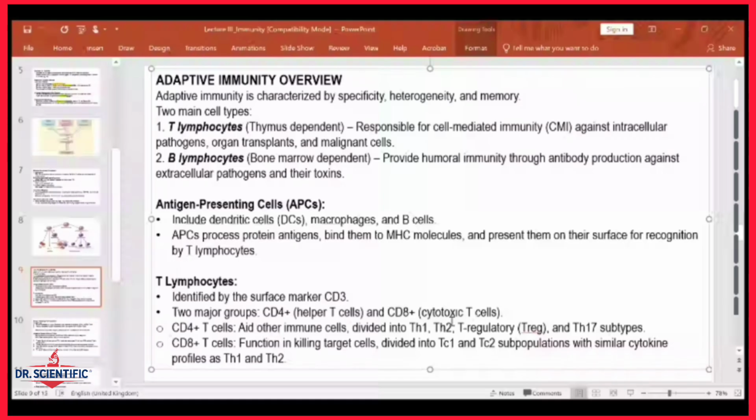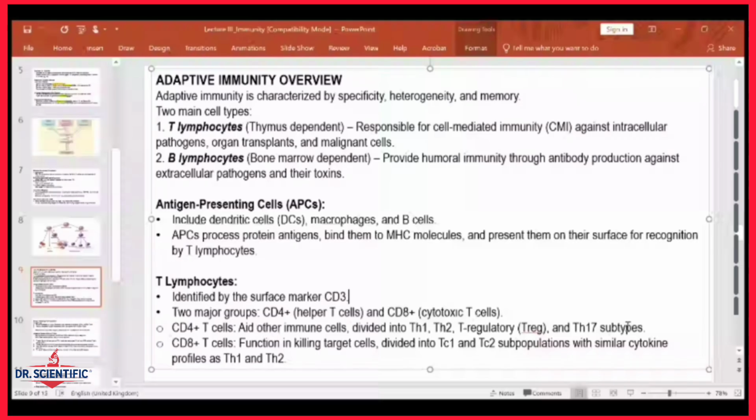Okay, so again, when you look at CD4s, we have other subgroups within CD4. So within CD4, we have those referred to as TH1, TH2, Tregs, and TH17. So we have subpopulations or subclasses of these CD4s. We also have subclasses of CD8, and they are majorly TC1 and TC2.